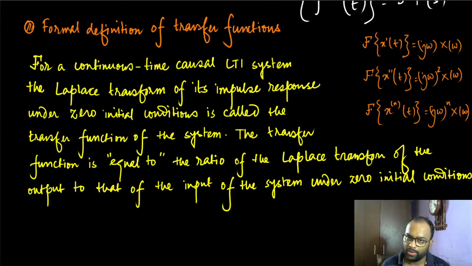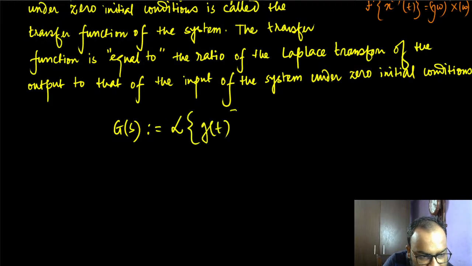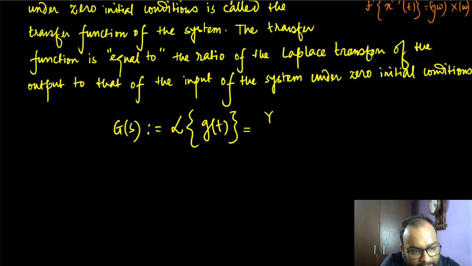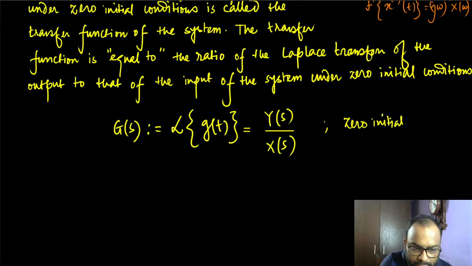So we're going to say that the transfer function G(s) is defined as the Laplace transform of g(t). Again, g(t) stands for the impulse response of the system under zero initial conditions, and this is conveniently equal to the ratio of the Laplace transform of the output to that of the input, all under zero initial conditions. So that is going to be equivalent here.